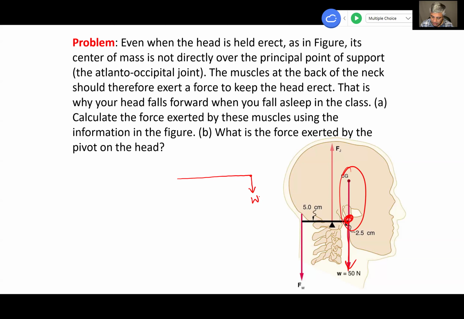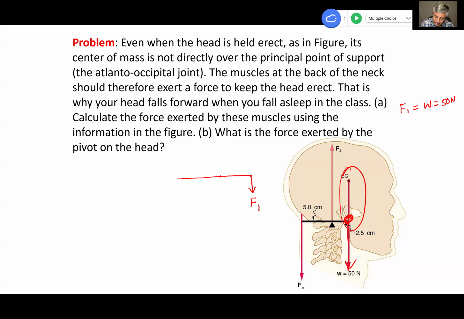So let's say that force is, I like to write forces like F. Let's say F1 is W, which is known, 50 Newton. Okay. So any force that's given, you can always write as F1, F2, simply F, something like that. Okay.